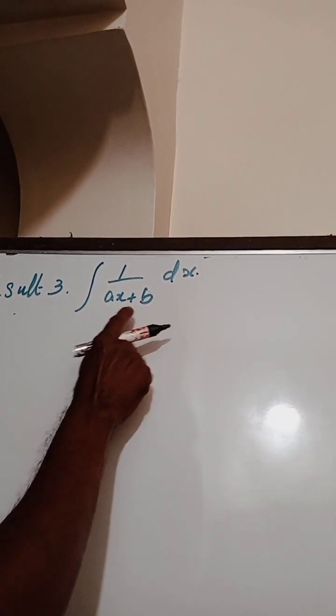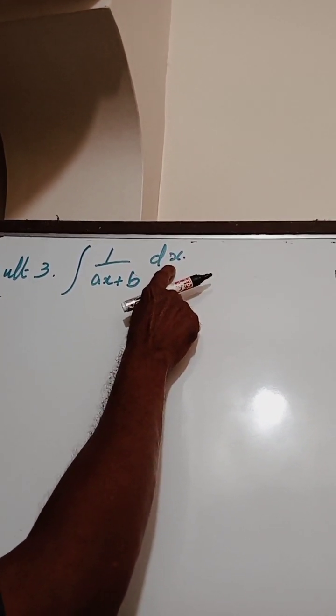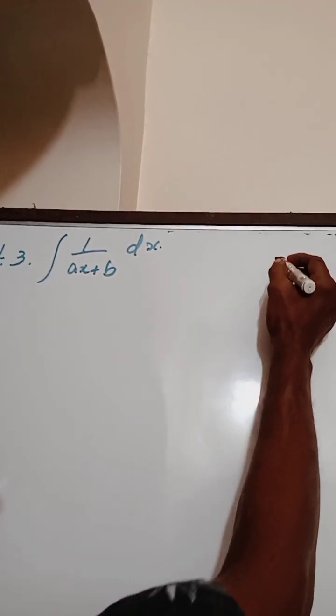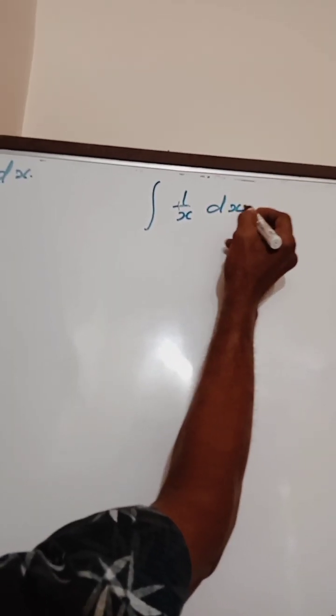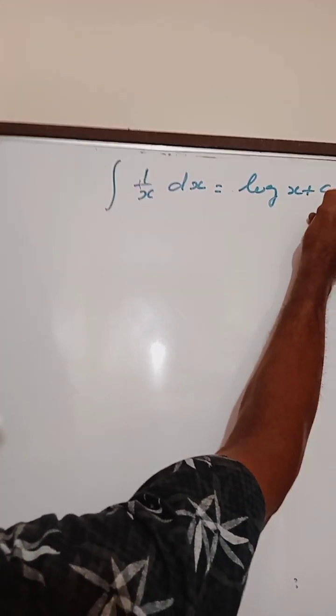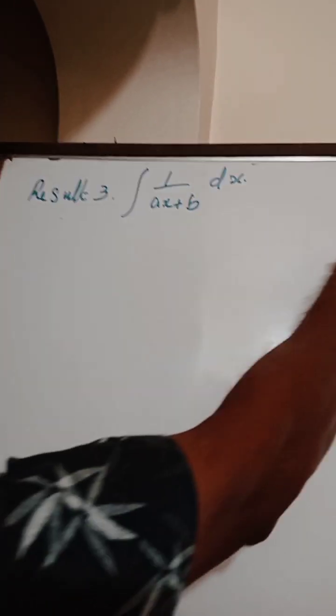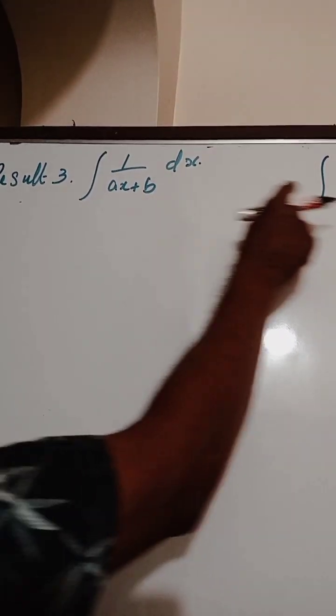Result 3. Integration of 1 by ax plus b into dx. We keep in mind that integration of 1 by x dx is equal to log x plus c. Here we compare these two. When comparing these two, here ax plus b, here x.